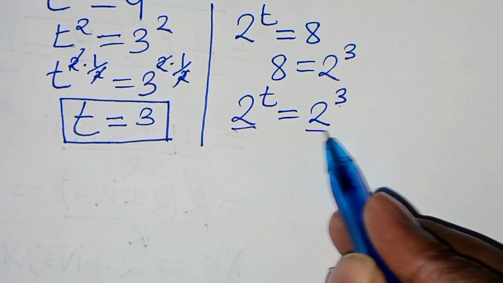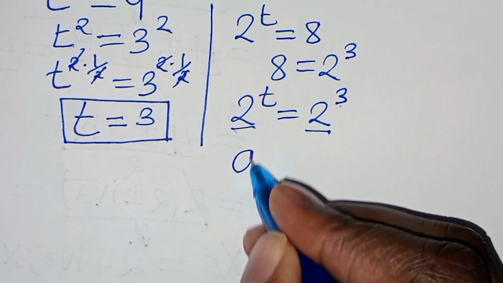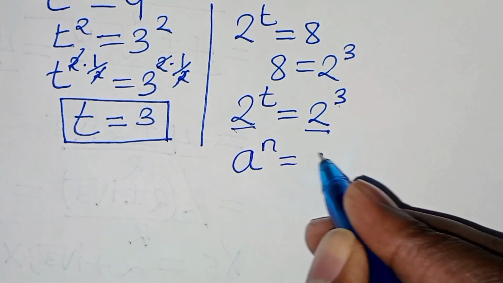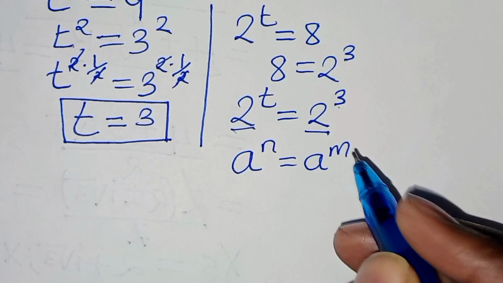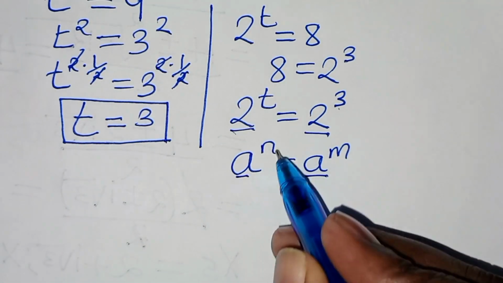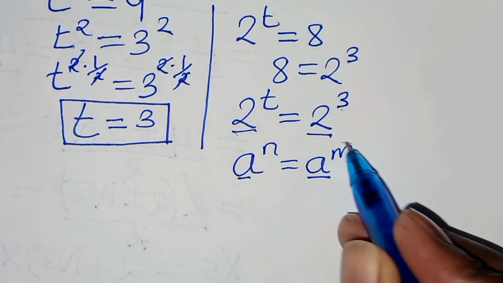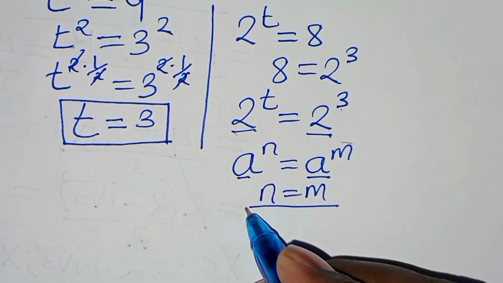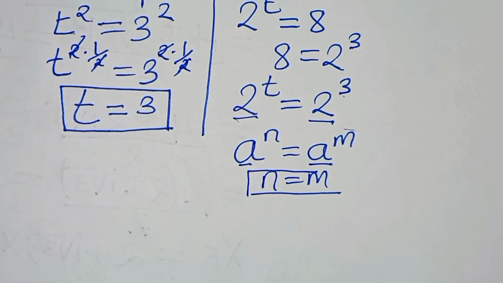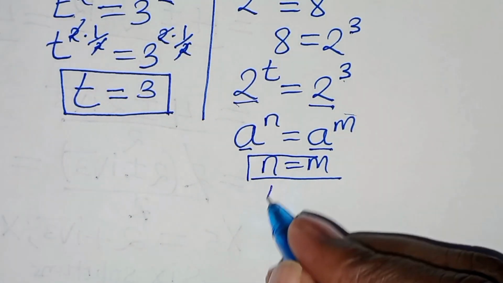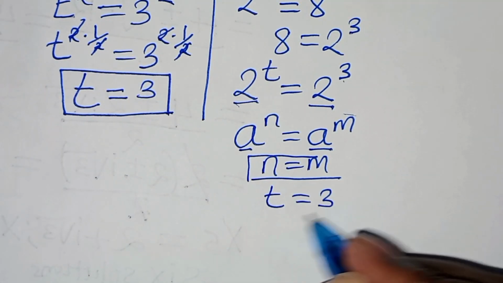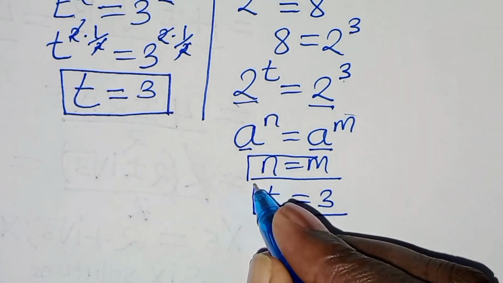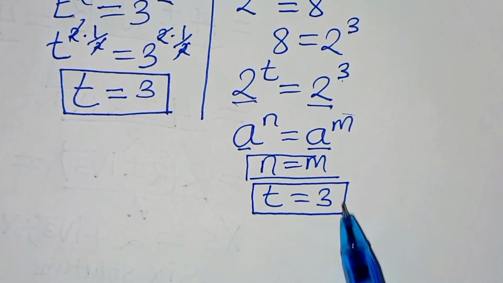Given that the bases are common, that is a to power n is equal to a to power m, then the exponent n will be equal to m. So applying this property, t will be equal to 3. So we have confirmed that the value of t is equal to 3.